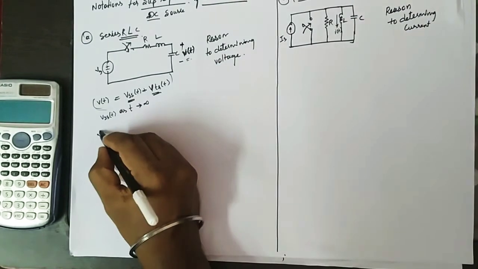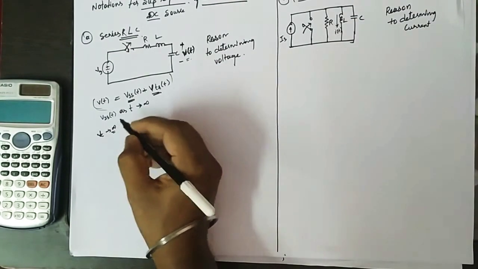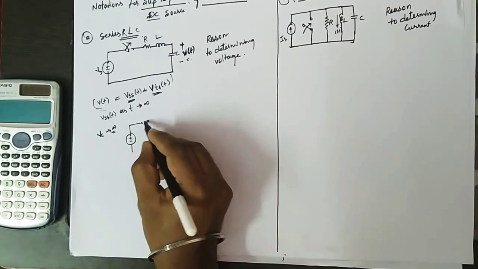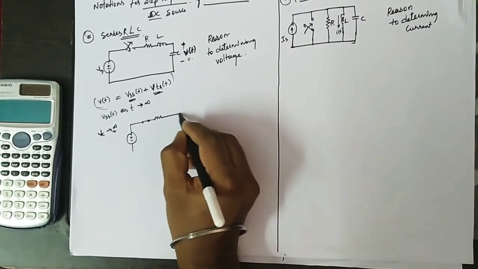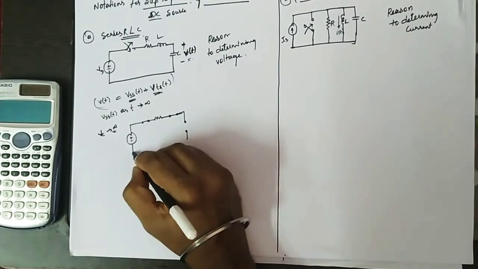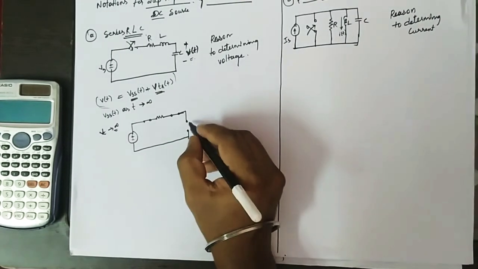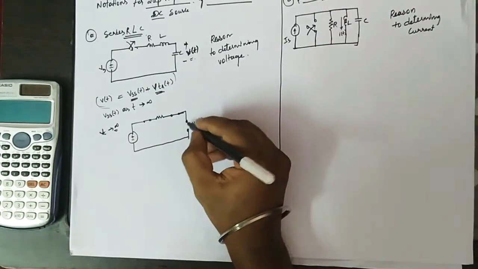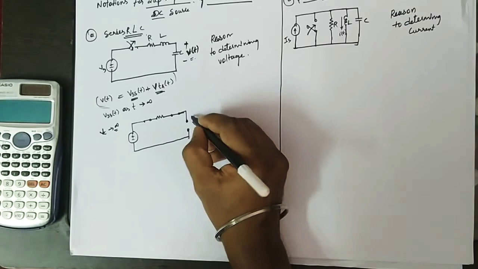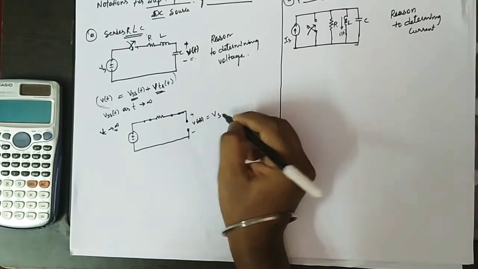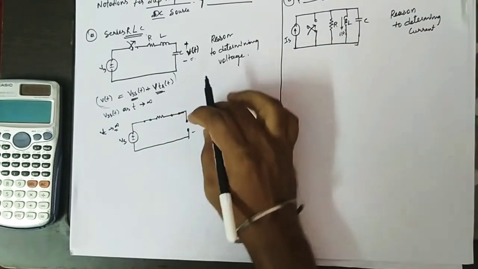As t tends to infinity, the circuit becomes like this. The switch is on, so the inductor is shorted and the capacitor is opened. So v of t exists across the open circuit, and at t tends to infinity the voltage obtained is the source voltage.